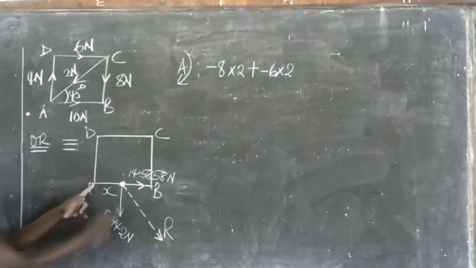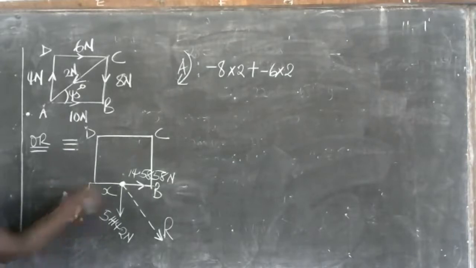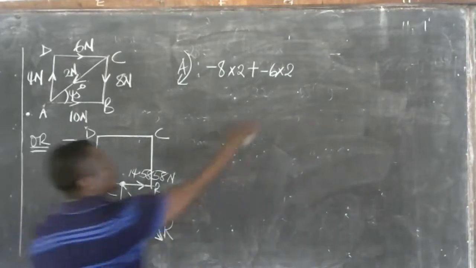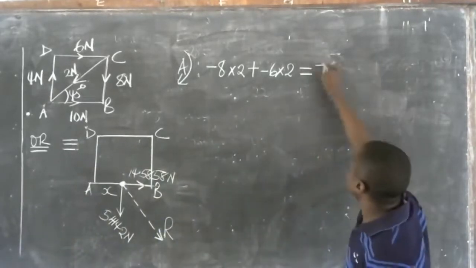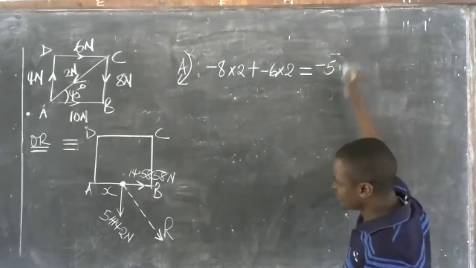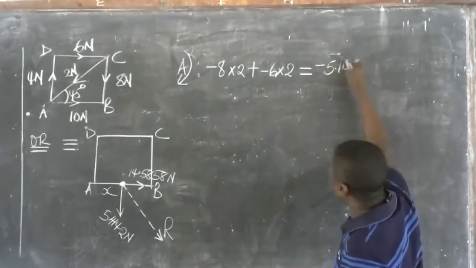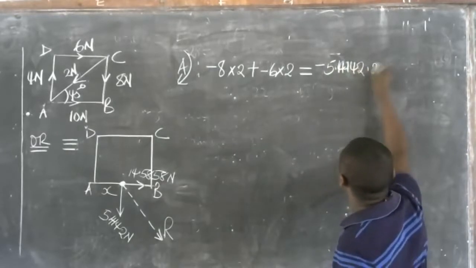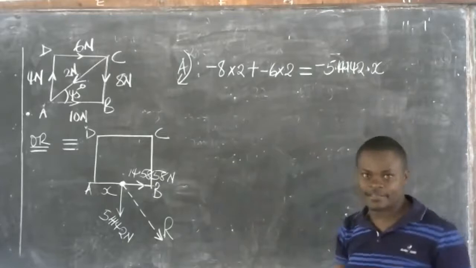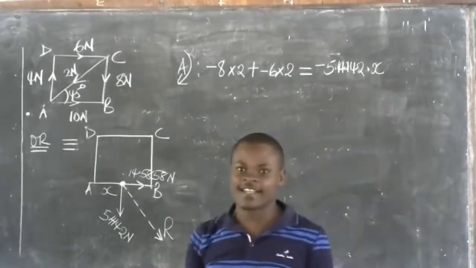When you rotate the vertical component about point A, it is clockwise, so it will give a negative term. So this equals negative 5.4142 times the perpendicular distance, which is X. So this gives you the answer directly.